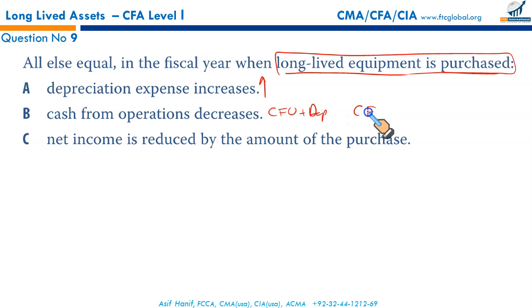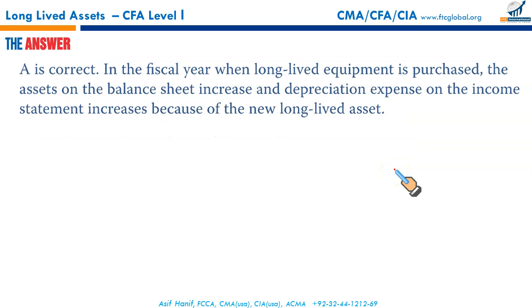Rather, cash flow from investment will decrease, because acquiring long-lived equipment is an investing outflow. So cash flow from investment will decrease, not operation. Wrong option. Net income is reduced by the amount of the purchase. No. Net income will be reduced by depreciation, not the purchase. C is wrong as well, so that makes A the correct option.